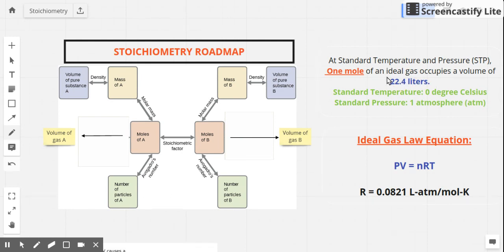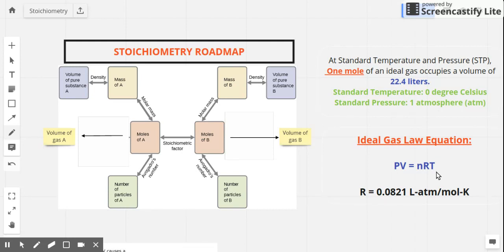The second approach is the ideal gas law equation that you just learned in the previous videos. The ideal gas equation is PV equals nRT, in which you just have to find out what variable you're looking for and what you are given, so that you can transform the formula and get what you need.